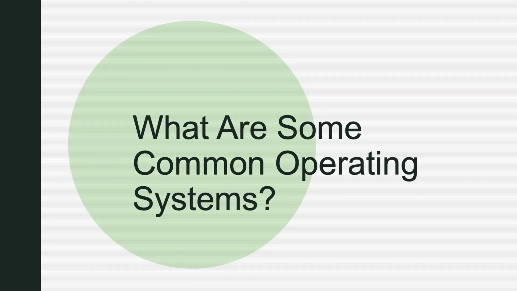So we all use operating systems. All of our computers and devices use them. Some of the most common desktop versions are Windows, Mac OS, and Linux. As well, we have cell phone operating systems like Android and iOS, and also some for servers and workstations such as Solaris.